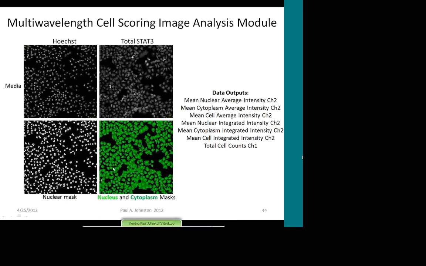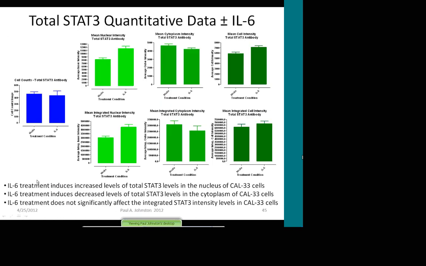We use the multi-wavelength cell scoring image analysis module to quantify the total STAT3 intensity in the cells, both in the nucleus and in the cytoplasm, as well as the total cell. Here are the data outputs.